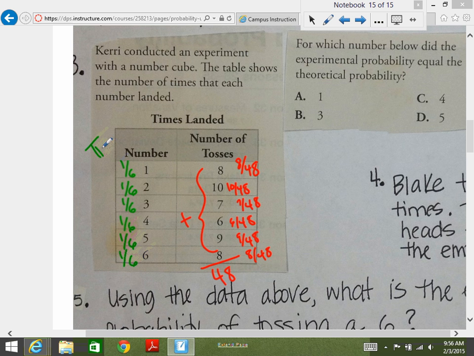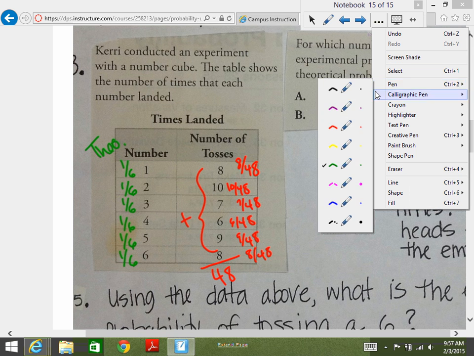These are all theoreticals. That's just your plain old what we know could happen. There's only 1 1 on the cube out of 6 possibilities. There's only 1 2 on the cube out of 6 possibilities. There's only 1 3 on the cube out of 6 possibilities. You follow me? So here's a theoretical, and over here we have our experimental.